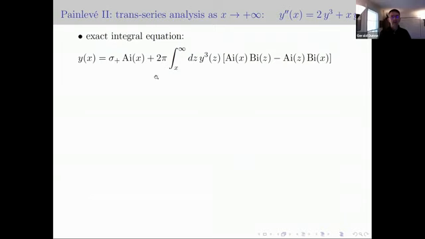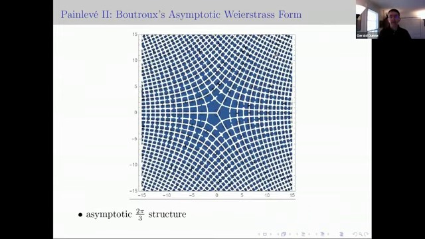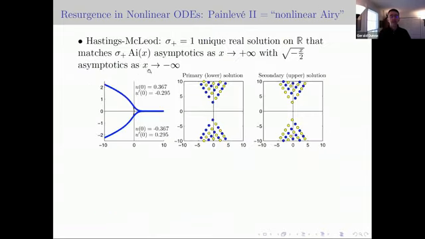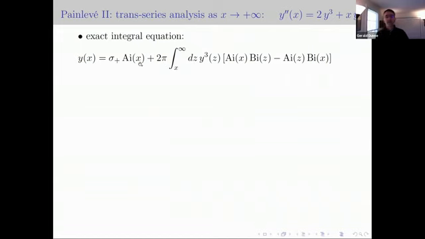So remember that for positive x, we have this choice that we take the Airy function with some parameter here, and now we're going to fill in the plus dots here. So first of all, notice that we can write this equation in this integral equation form. So clearly, this is the leading solution, and here's the correction. It's going to go to 0 as x goes to infinity because these are exponentially decreasing.